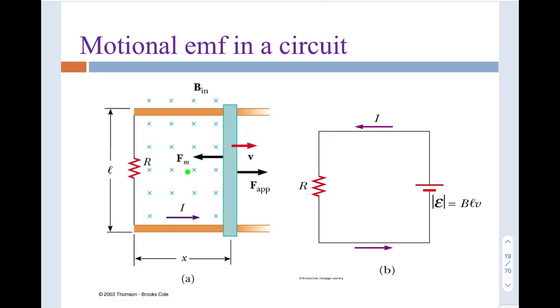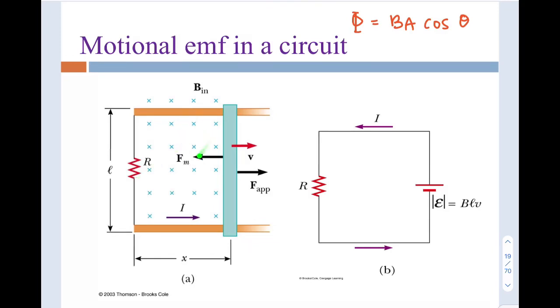So whenever area is increasing, flux is going to change. As we recall, flux is equivalent to BA cos theta. The theta is the smallest angle between B and the normal line of the area.